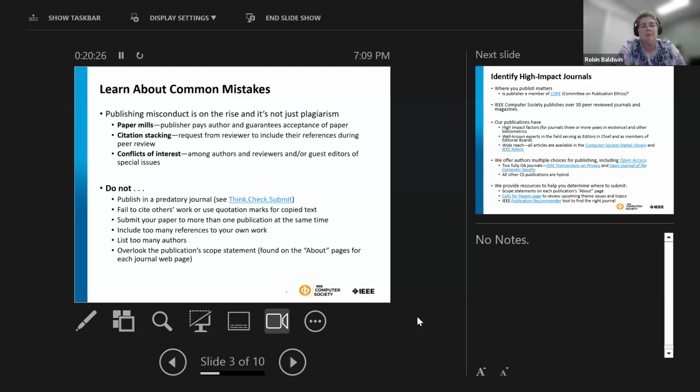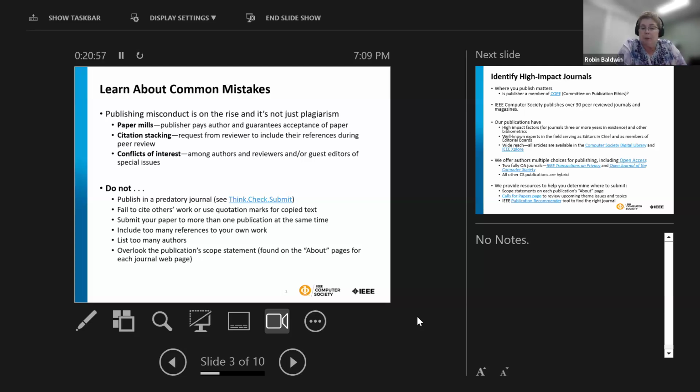Some tips to avoid this: do not publish in a predatory journal. You might want to check out this link to Think, Check, Submit for more information. Do not fail to cite others' work or use quotation marks for copied text. You always want to credit text by citation or quotations.